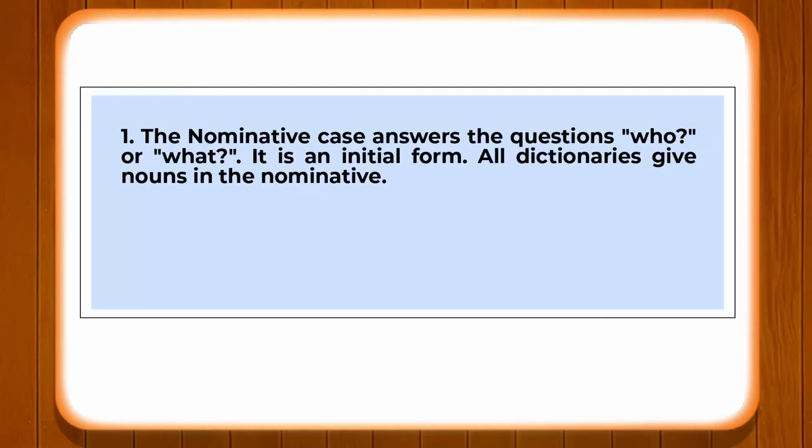It is an initial form. All dictionaries give nouns in the nominative only. If you look at any Russian dictionary, you will find all the nouns in the nominative form. Then you will find the gender, some examples and some expressions, but largely the meaning and the formation of these nouns are in this case only, which is known as the nominative case.